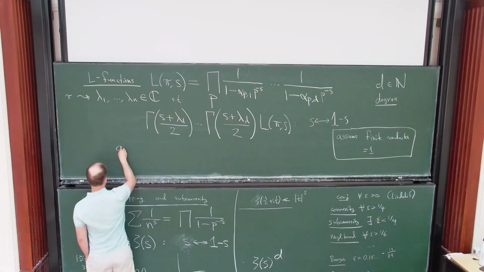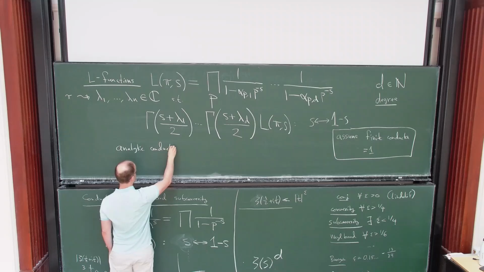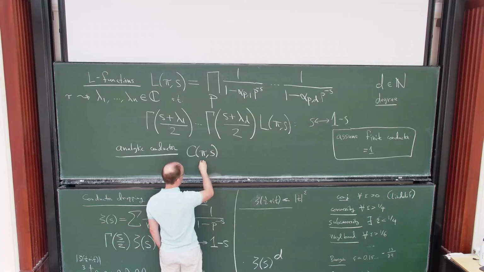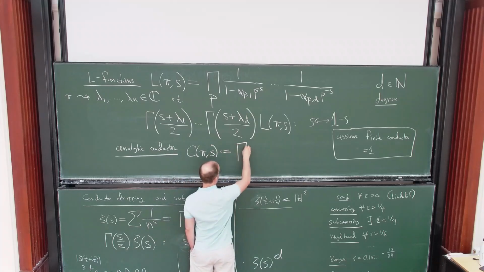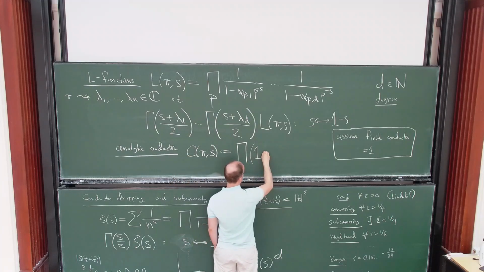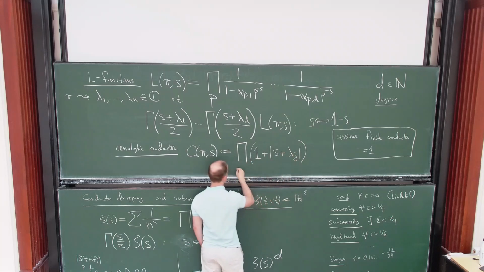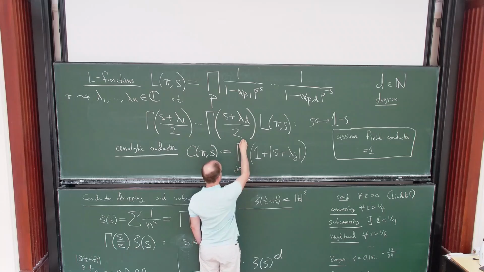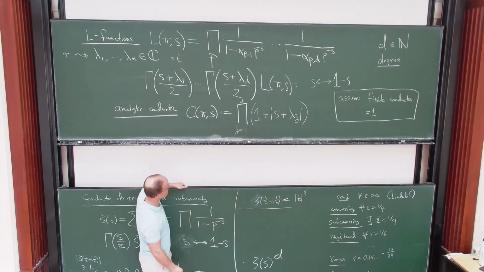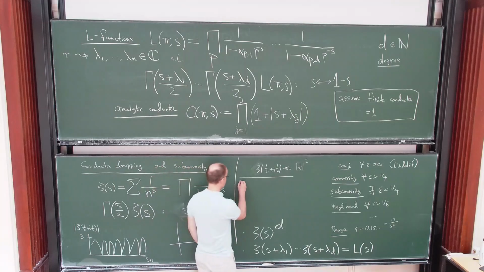So then there's a notion called the analytic conductor, which is a number depending upon pi and s. And it's basically the product of the sizes of all the shifts that appear up here.